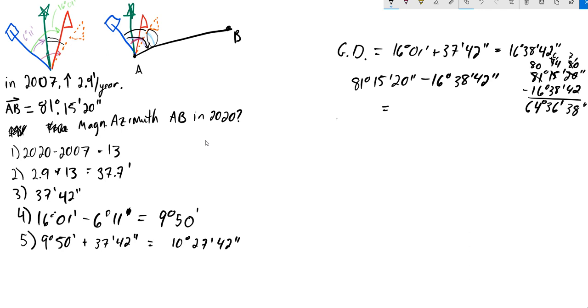So my magnetic azimuth is now 64 degrees, 36 minutes, and 38 seconds.